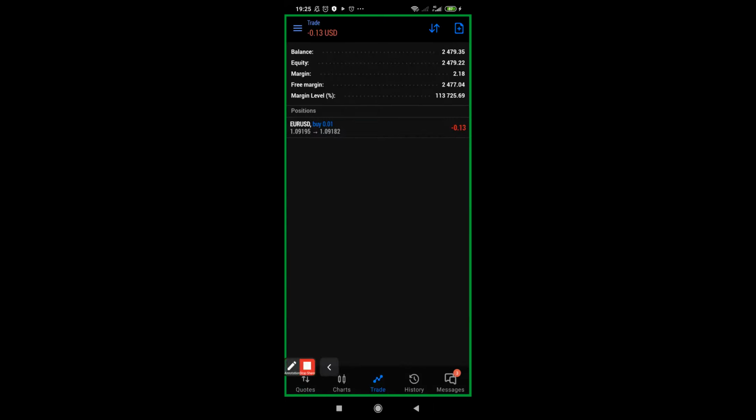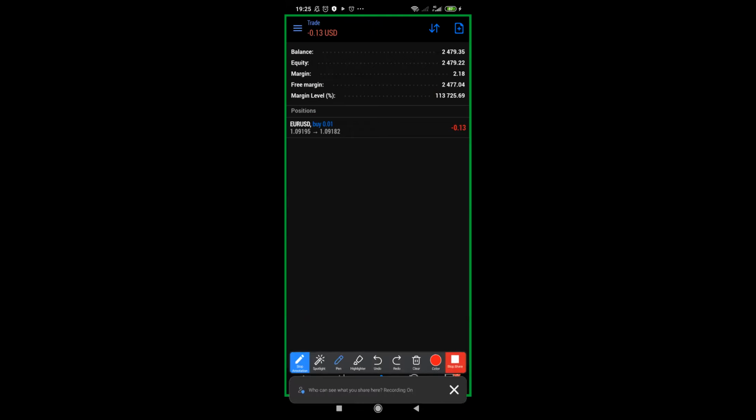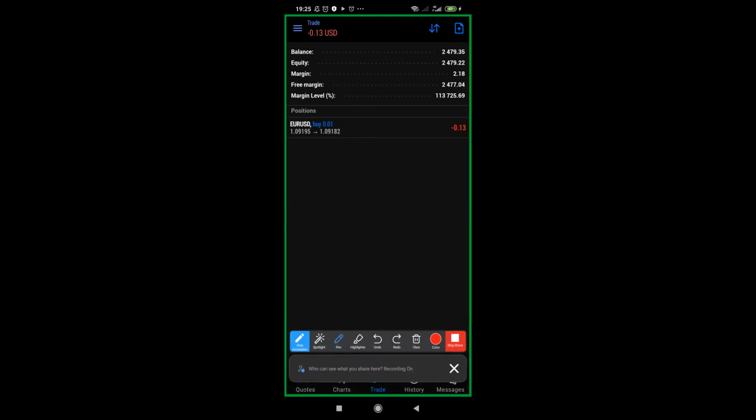Hold on, let me bring out a marker to annotate. Over here. All right, you have balance, you have equity, you have margin, free margin, and margin percentage. So now, from the running trades that you have here, this balance here is $2,479.